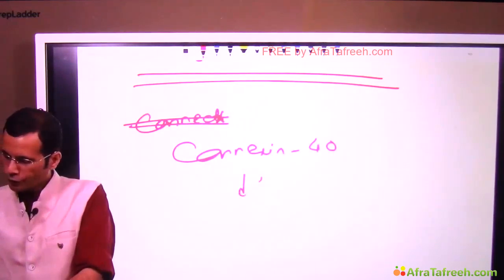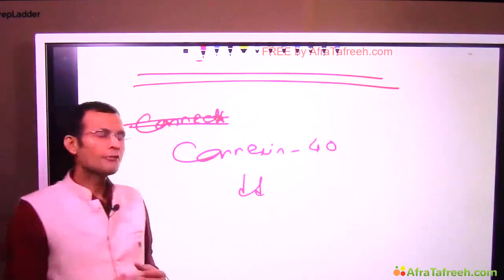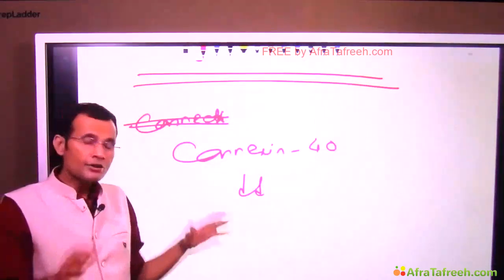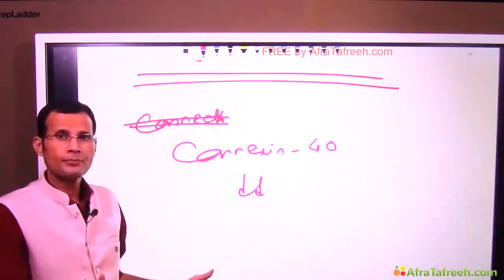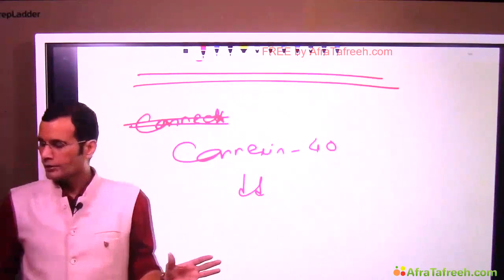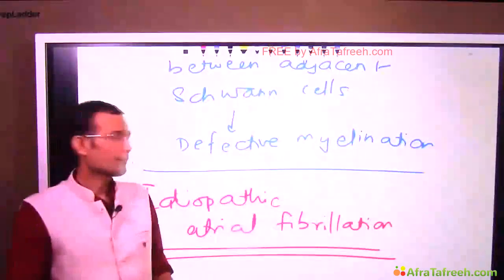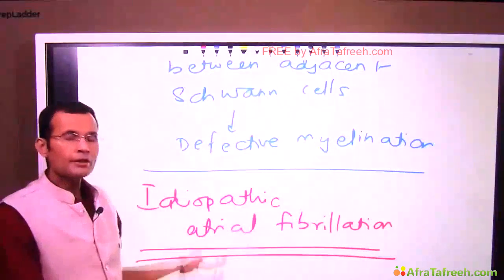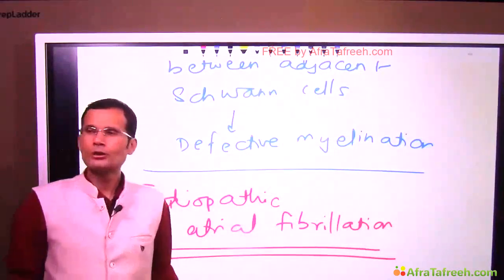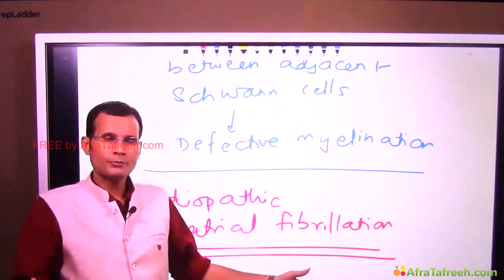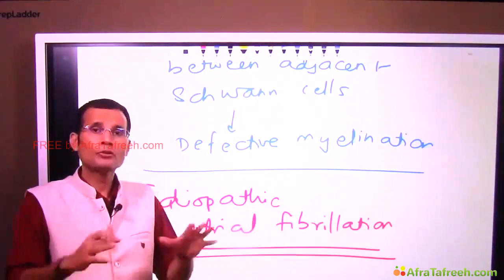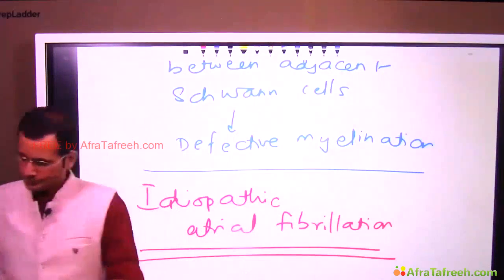Defective connexin 40 resulting in defective gap junctions between adjacent myocytes, adjacent atrial myocytes, and that results in the rhythm disturbance, which is called idiopathic atrial fibrillation. So they may give you atrial fibrillation findings and they will ask you which protein is defective. Yeah, that can be one way of asking problem solving MCQs.